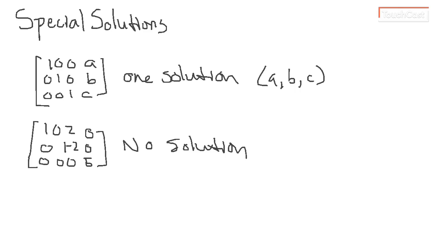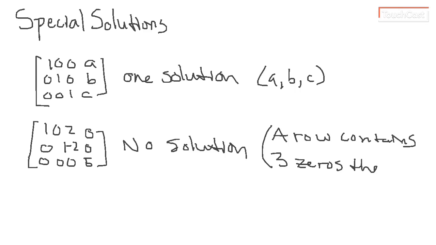In fact, we can generalize this and say if you have any row that contains 3 zeros, then a number, that's when you'll have no solution.